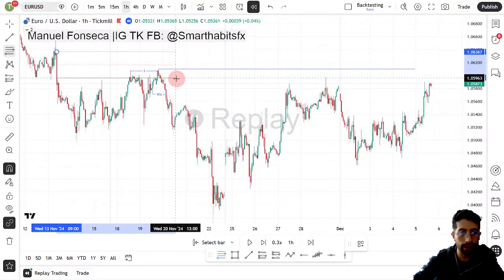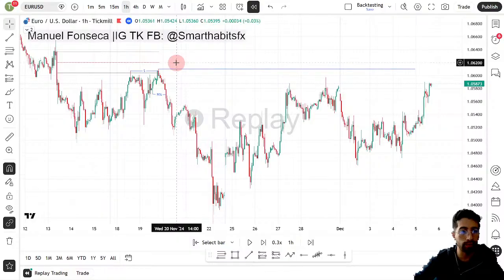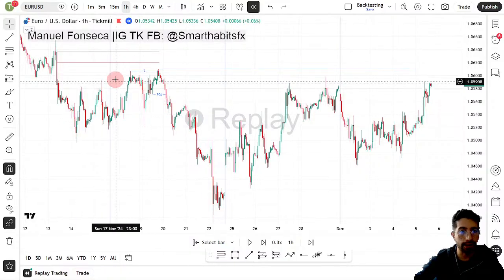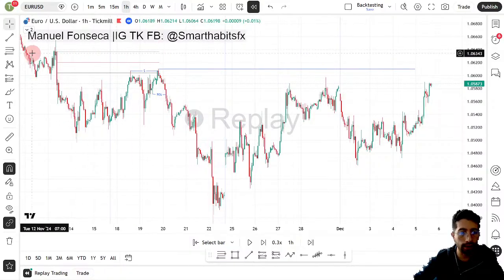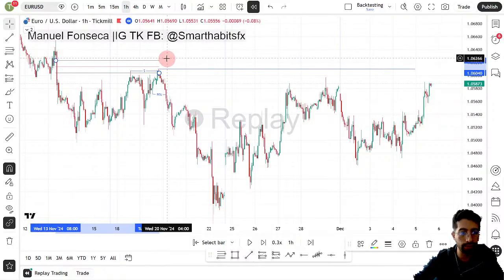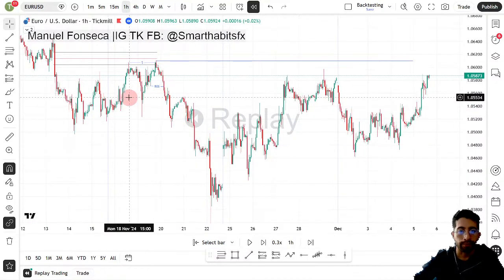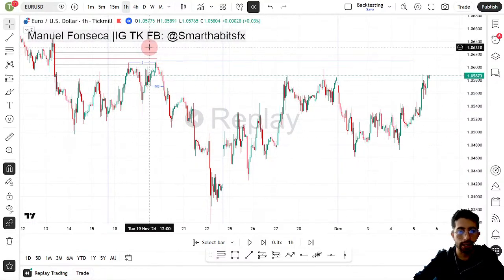Imbalances are points which the market would like to make efficient. It means if the price gets closer to this area, it's likely that it breaks this high, so it won't respect it that much. All right, now this is what we can say.